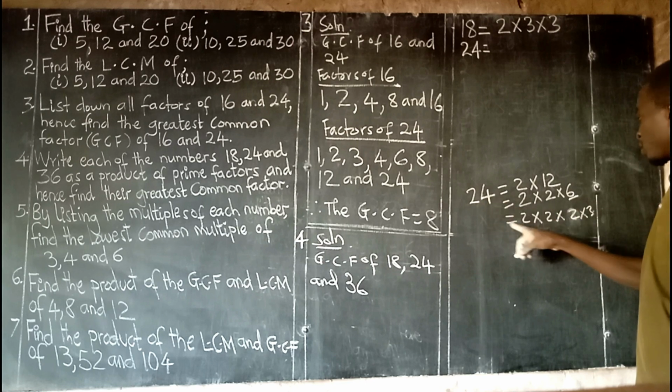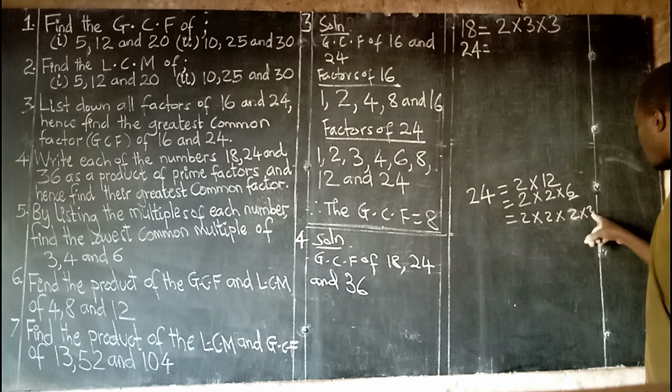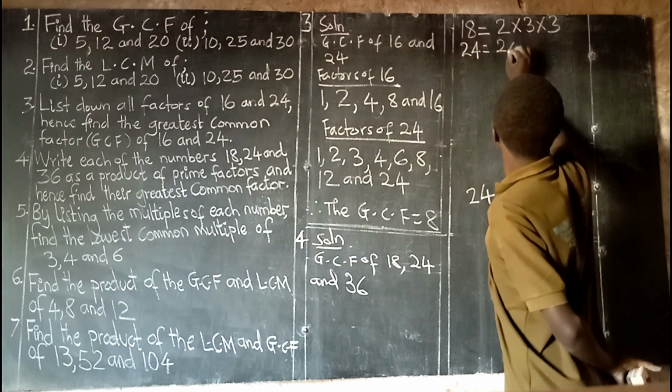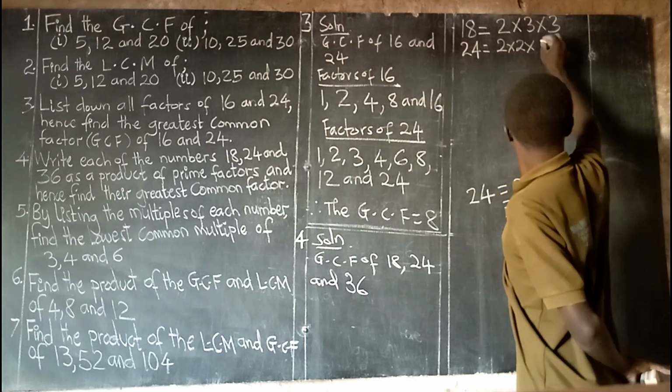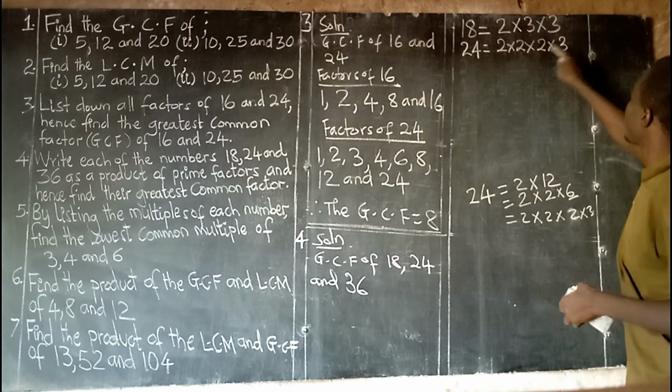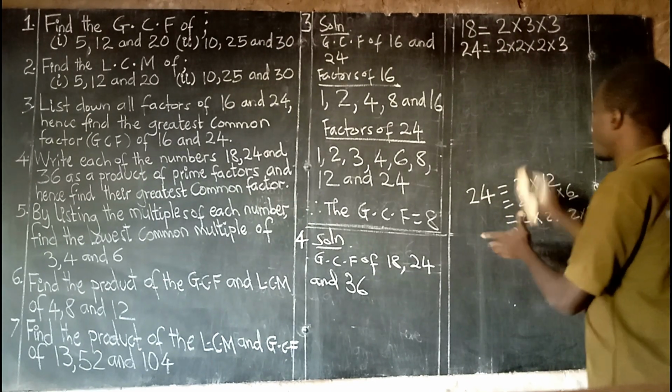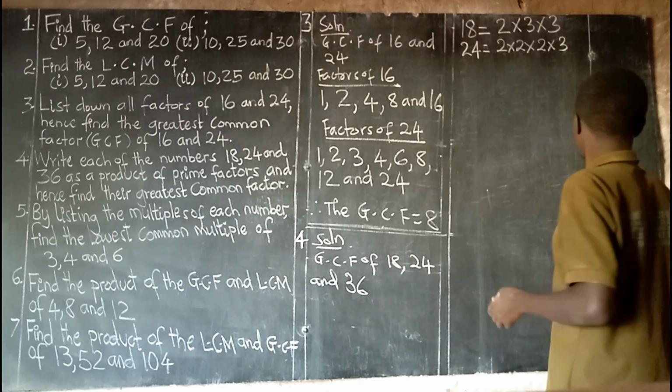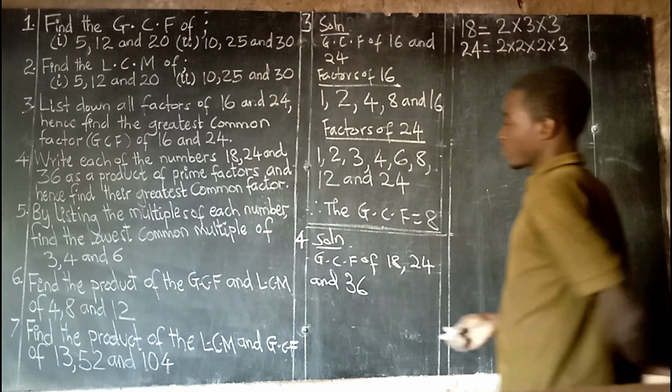So 24 is equal to 2 times 2 times 2 times 3. As you can see, all of these are prime numbers. Now we are through with 24.